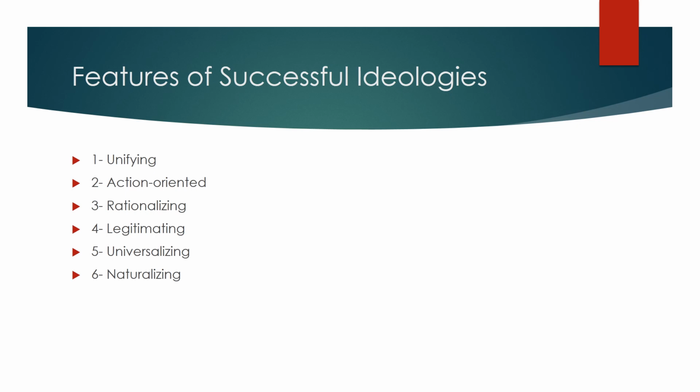Number 1, a successful ideology must be unifying. Number 2, action-oriented. Number 3, rationalizing. Number 4, legitimating. Number 5, universalizing. And number 6, naturalizing. So let's find out what they mean one by one.